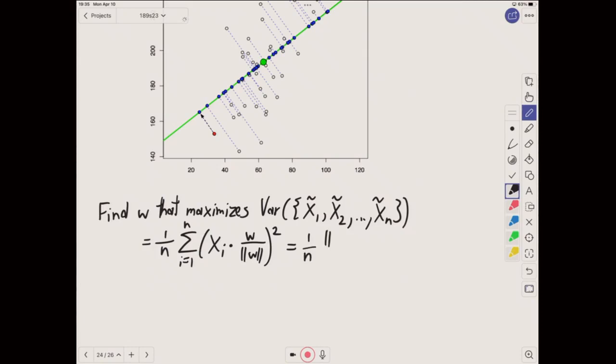And we can simplify this a little bit by putting it in a matrix representation.